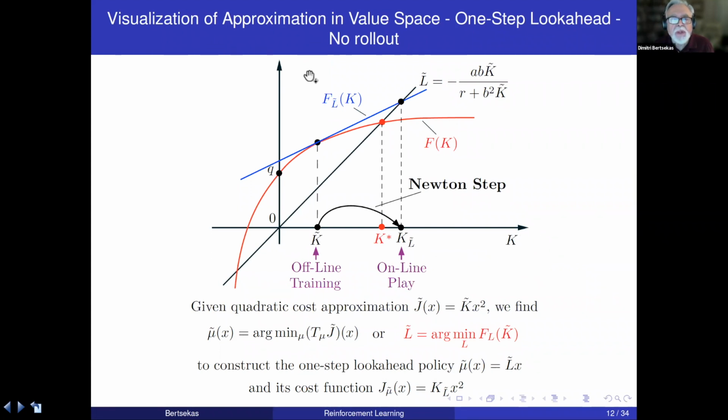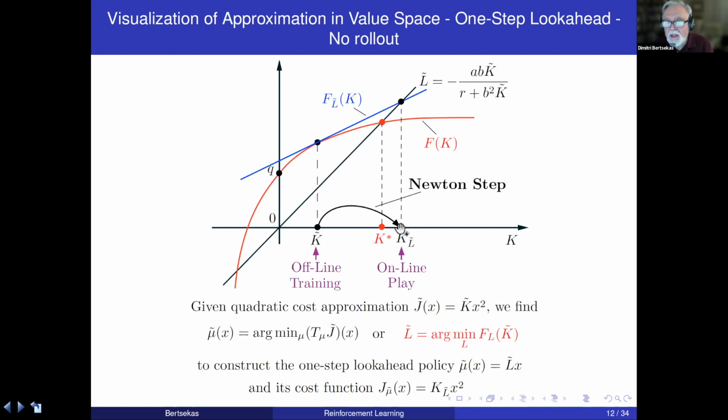And in this particular case, because it's a linear quadratic problem, the cost functions are quadratic. So it's J_k for all states. So this is a cost function that we're plotting on the horizontal. And from one cost function, the cost function approximation, J tilde, we go into another cost function, which is the cost function of the one-step look-ahead policy. So we move from function to function with this Newton step.